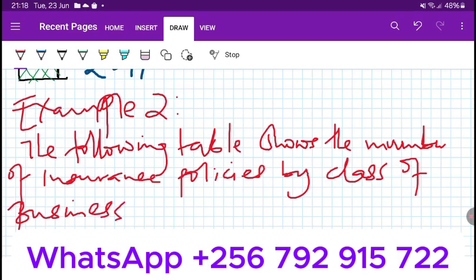In bracket we have numbers expressed in thousands.